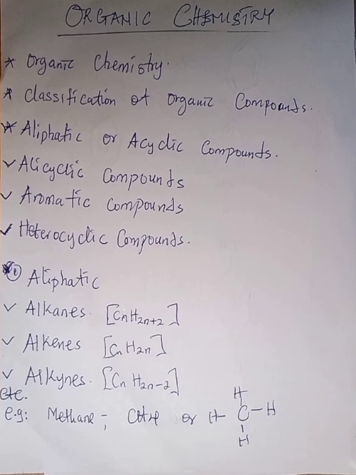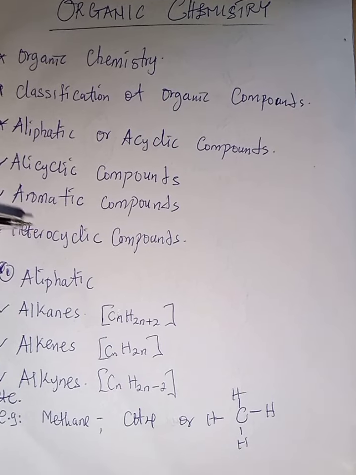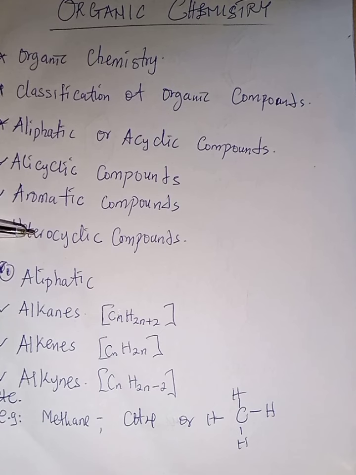Remember, a cyclic compound is a type of compound that is in a closed chain of carbon atoms, while aliphatic or acyclic compounds are in the form of what? Straight or branch chain carbon atoms. Then we also have heterocyclic compounds. Now, these are compounds that are in the form of a closed chain. You will say that this one is cyclic.